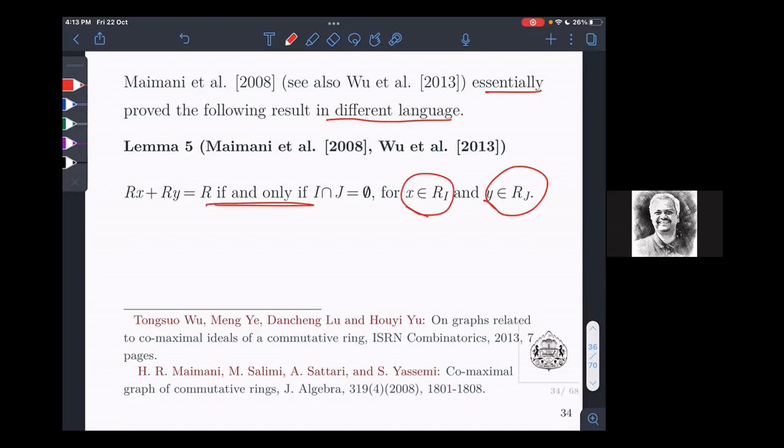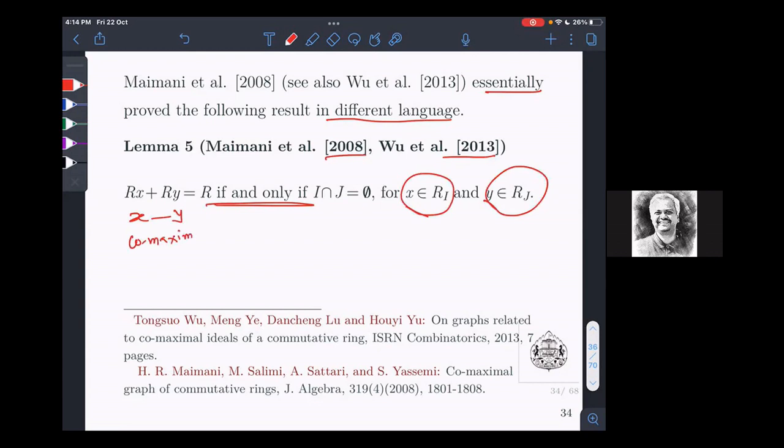This is the nice observation we made from these two papers. Of course, if you go through the paper, you will not immediately be able to understand this observation. But once you thoroughly understand what we did and then look at that paper, probably you will be able to extract this fact. So essentially, X is adjacent to Y in the co-maximal graph.